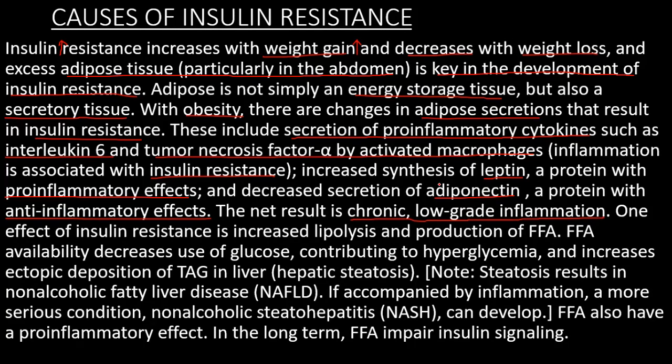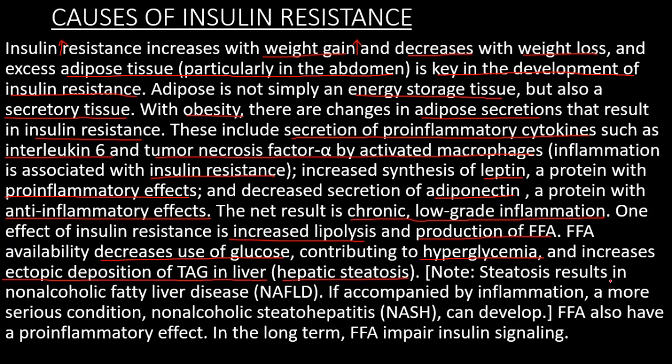Okay. Now, one effect of insulin resistance is increased lipolysis, and the lipolysis is accompanied by production of free fatty acids. Now, free fatty acid availability decreases the use of glucose, which will lead to increased blood glucose levels, hyperglycemia. Now, it also increases the ectopic deposition of triacylglycerols in the liver, leading to hepatic steatosis.